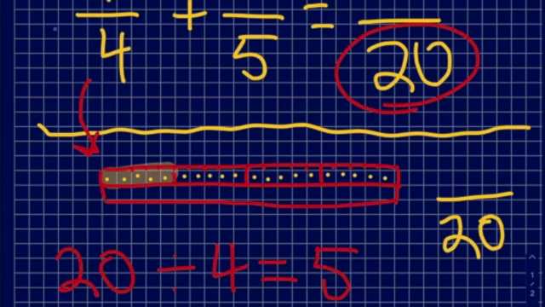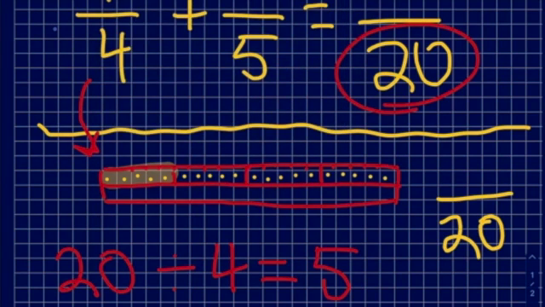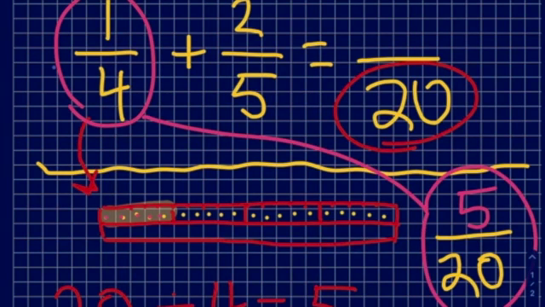So 1/4 in 20ths would be how many of those? So we have 1, 2, 3, 4, 5. 5 20ths are shaded in, right? So that tells us that 1/4 is equal to 5 20ths.